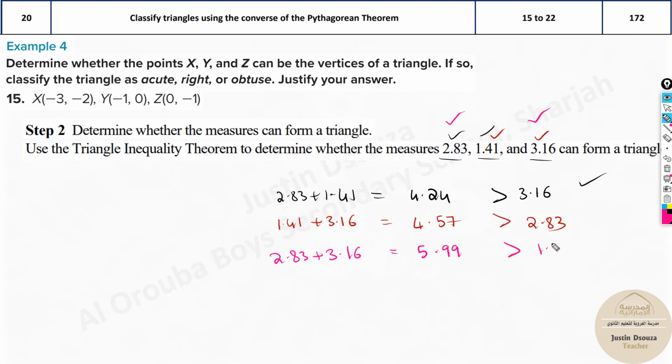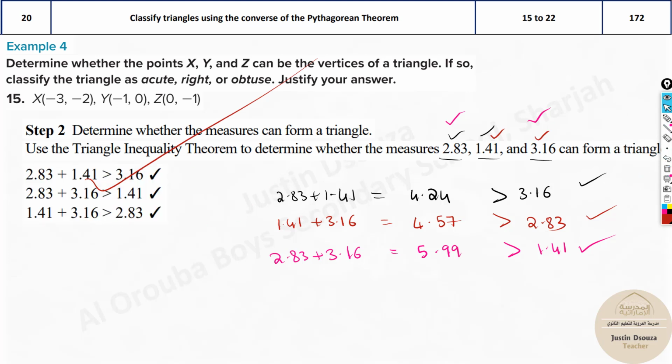It is greater than the other side, that is 1.41. All three checks pass. When you add any two sides, it is greater than the other. Hence we can tell it is possible to form a triangle. These sides are possible to form a triangle.